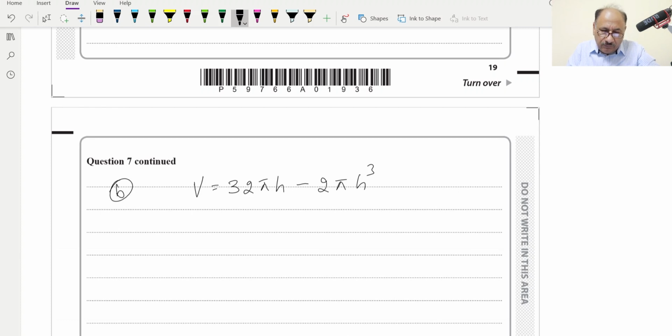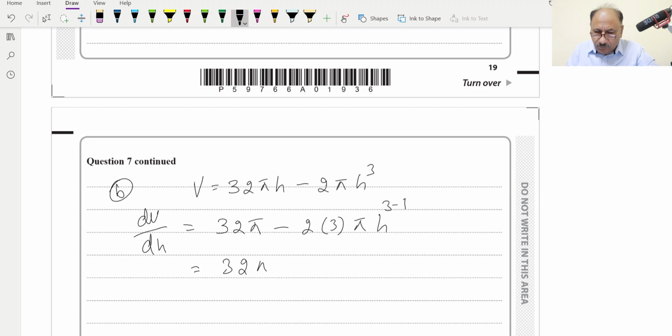For the stationary point we will be calculating dV over dh, and dV over dh will be 32 pi, minus the 3 comes down, the power is pulled first, and pi into h raised to 3 minus 1. So this will be equal to 32 pi minus 6 pi h squared. So this is basically the value.